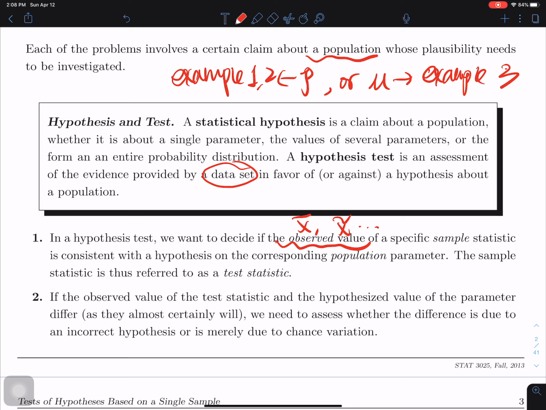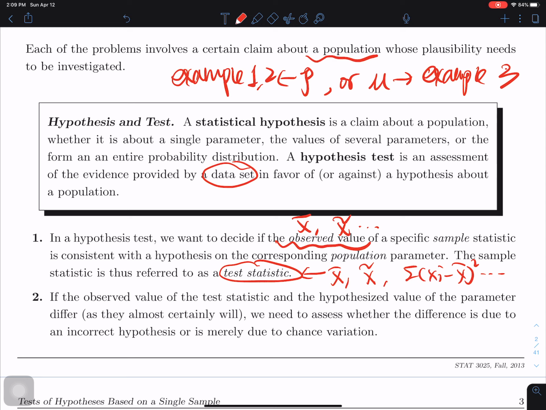The sample statistic is thus referred to as a test statistic. So my test statistic can be x bar, can be either x bar or x tilde or something like x i minus x bar, something like this. So any statistic derived from the sample can be a potential test statistic.